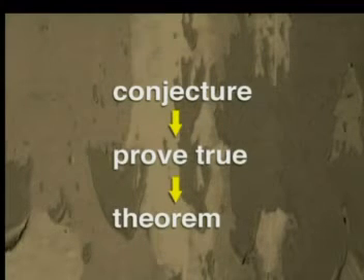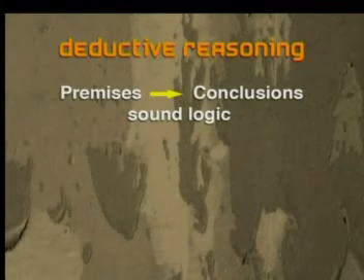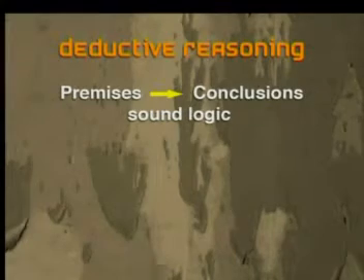If you draw conclusions from true premises using sound logical steps, then you have used deductive reasoning. Theorems are based on this kind of reasoning. Conclusions that are made by deductive reasoning do not rely on ideas only or on finding many examples.